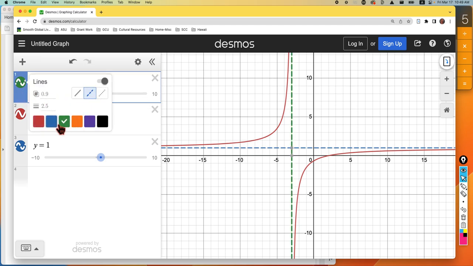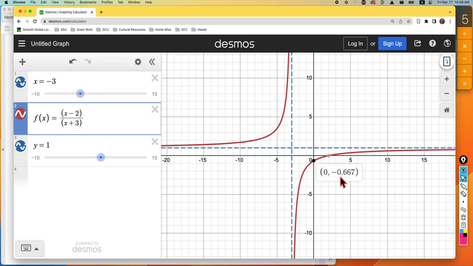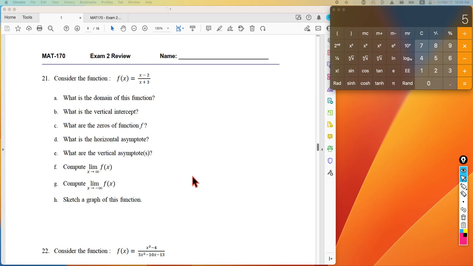Can make it dashed, and let's also make it blue, just so those are not parts of the graph, but they're our asymptotes. And we can see here, this is -2/3, -0.6666 repeating. So that is our vertical intercept. Here is the zero at 2, 0. So we can also do this all with the graphing calculator, and it helps us understand what's going on. Okay, so your graphing calculator, do it all with the analytics.